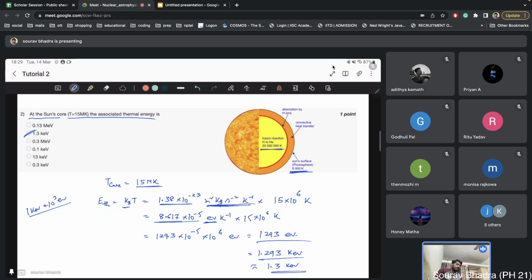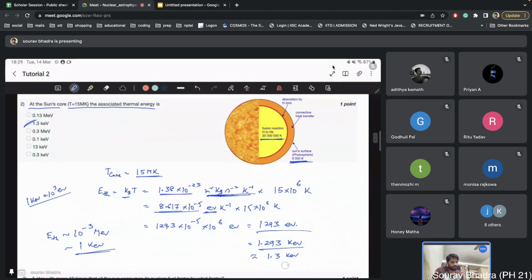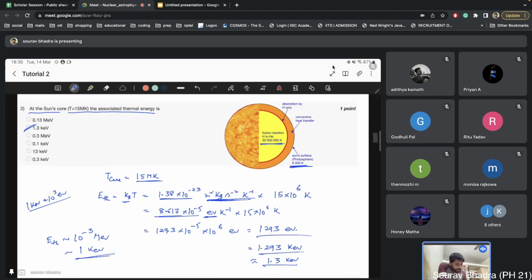I also did it roughly in the previous class, where I calculated the thermal energy as roughly 10 to the power minus 3 mega electron volt, that means roughly 1 kilo electron volt. That was not so accurate; instead you are getting 1.3 kilo electron volt, quite similar. So this is the main thing.